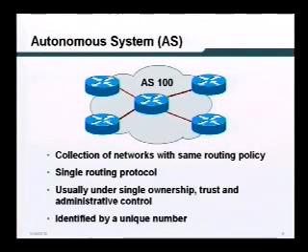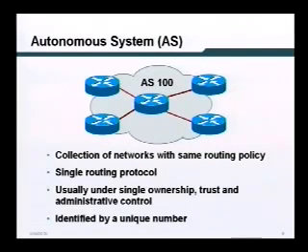You're using a single routing protocol on that network. You own it all, you trust everything that's in there, you control everything that's on there. You usually find the autonomous system is a one-to-one correspondence with your own network. Not always the case. Sometimes ASs will span more than one identifiable operating network, but that's quite a rare instance.